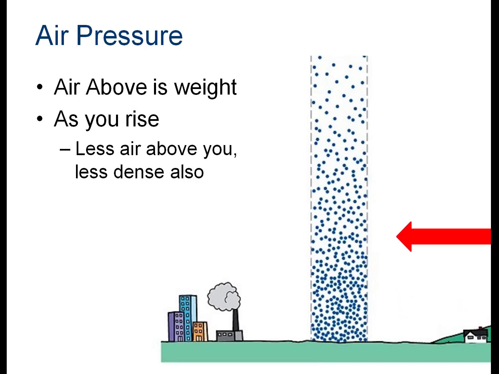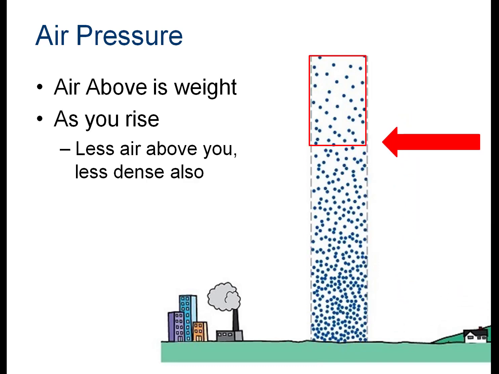So that's that weight. Now, as I start to climb, two things go on. There's less air above me, physically. There's less above me, more below me. And that air that is above me is also less dense, so it exerts much less overall weight, resulting in less pressure. So as I climb, the air gets less dense, and I have less pressure.